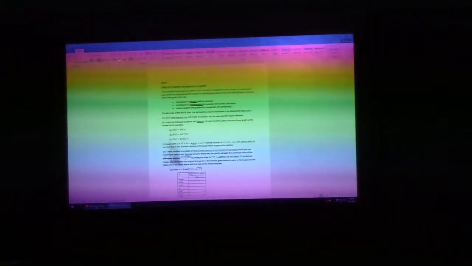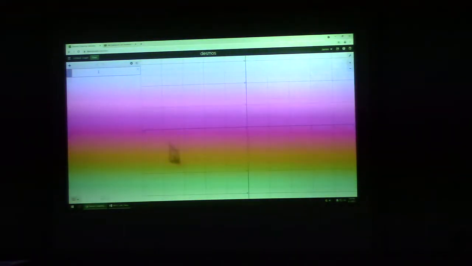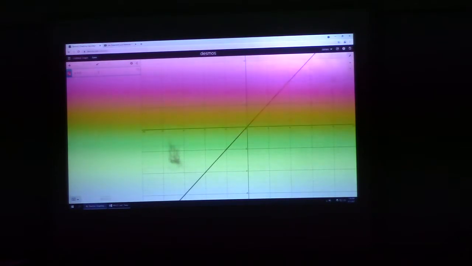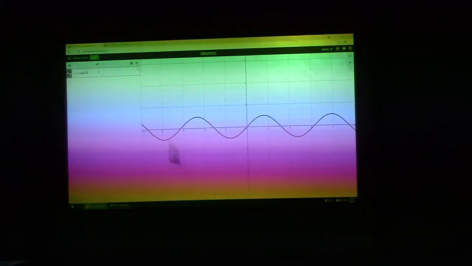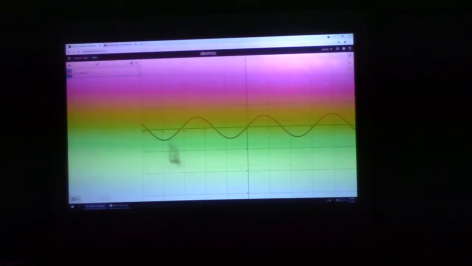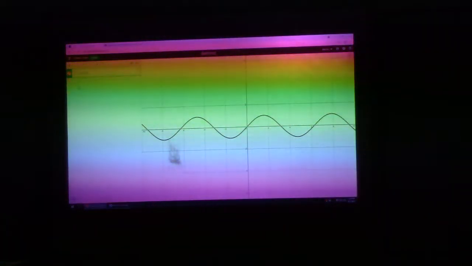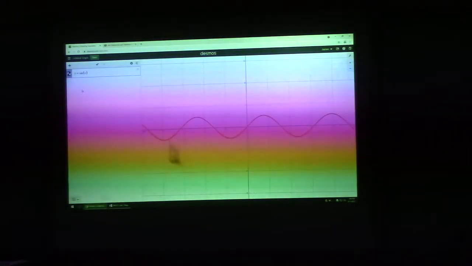Did you guys graph it? All you do is click up here and write y equals sin x, and there you go. Pretty simple, right?